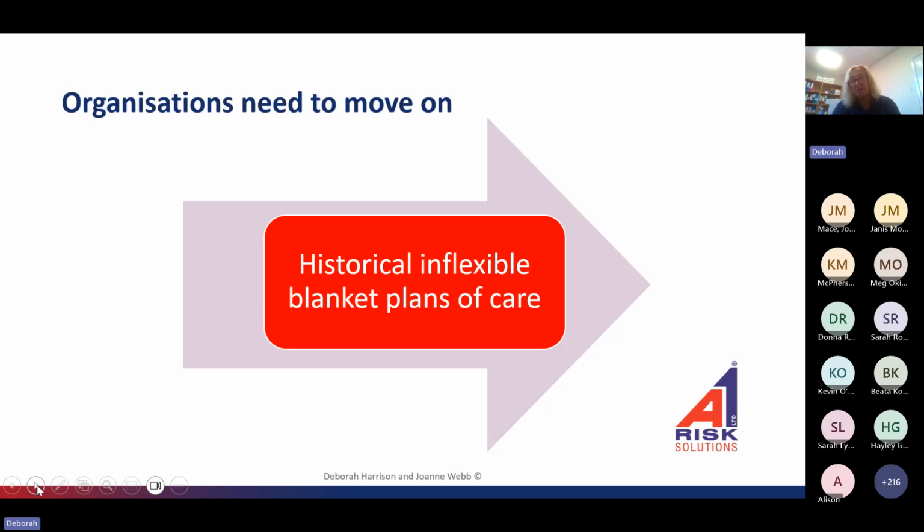They wanted us to work with their care providers and turn them into reablement workers. Well, if anybody knows me and the training that we deliver at A1 Risk Solutions, that was a nice little challenge. And yeah, I was so looking forward to it.